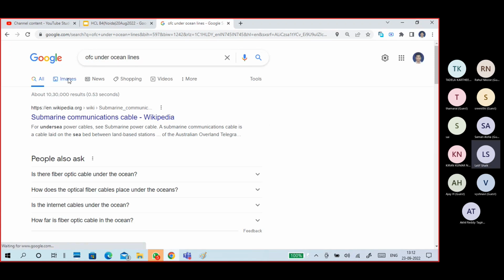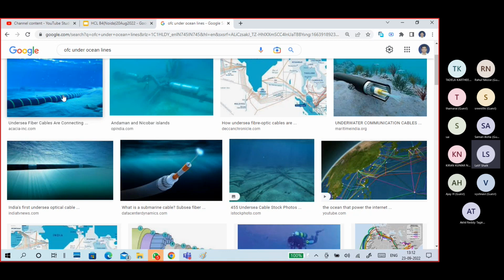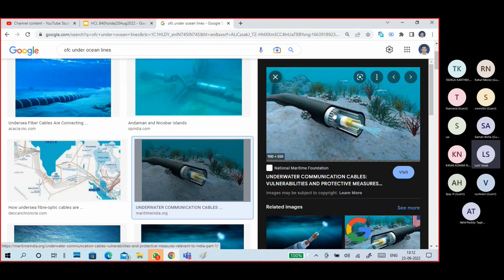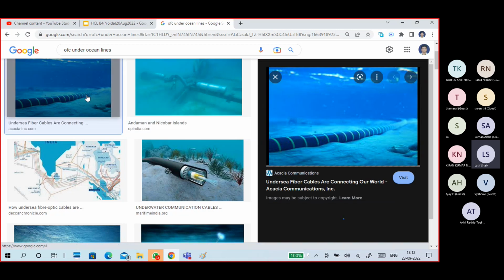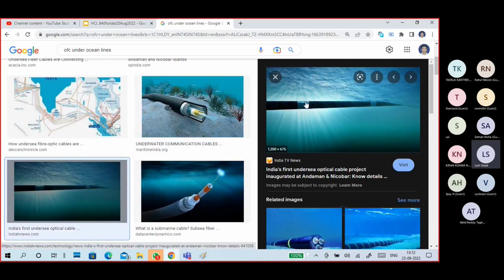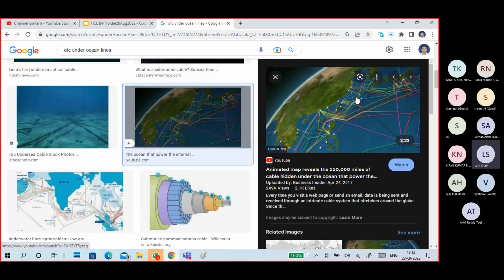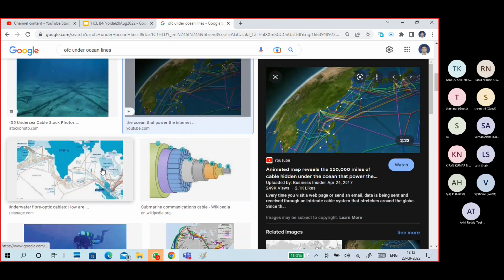Go to images, see the cables under the oceans, and of course they are fully protected with a lot of iron casing and big plastic fiber casing. Why? Because under the ocean there are a lot of fishes, whales, and sharks that will try to eat it. So that's why there is a lot of protection on it. See how global the connection is.